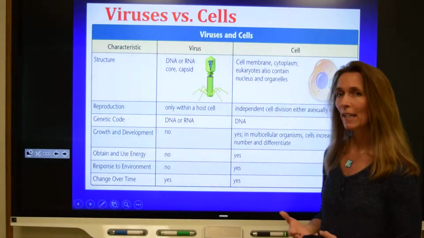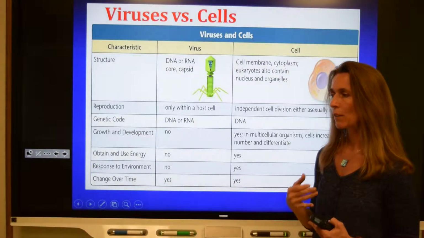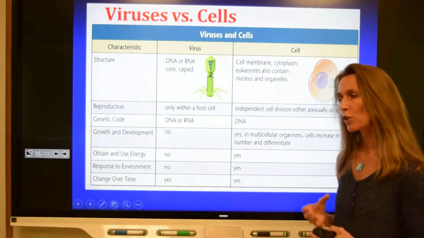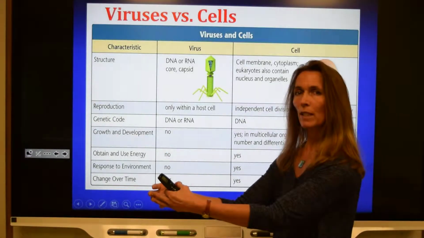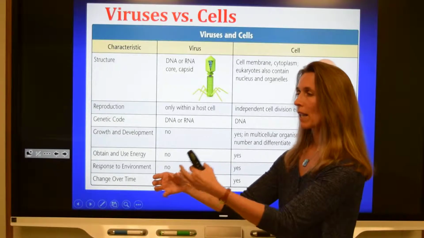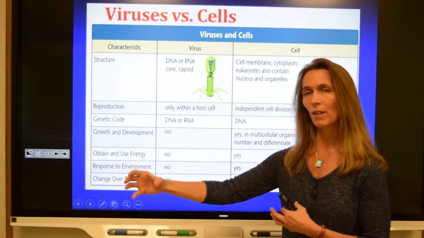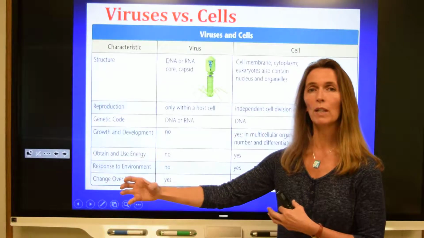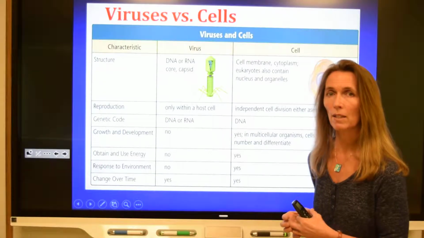So I would like to encourage you to do some research and find arguments for why we should categorize viruses as living organisms. What are the pros for this, and what are the cons? So what speaks for classifying viruses as living organisms, and what argues against it.